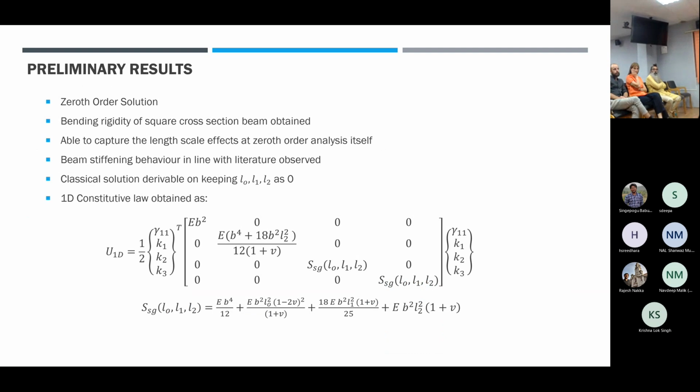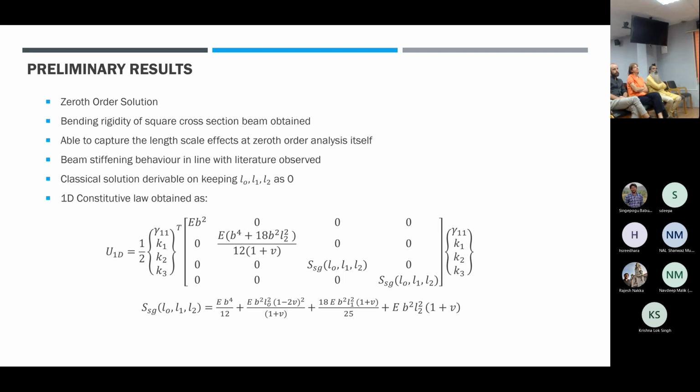Some preliminary results: we have done a zeroth order solution and obtained the bending rigidity for square cross-section beams. We were able to capture these length scale effects at the zeroth order analysis itself. And we see there is a beam stiffening behavior, meaning that the stiffnesses obtained are higher than those obtained by the classical results. So if we go for a micro scale structure, the classical theory presents some bending stiffness, but in reality, it behaves stiffer than that.